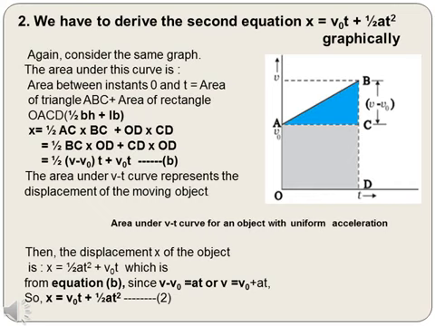Here we have put the value of v as v0 plus at in the previous expression. So it will take the form x is equal to v0t plus 1 by 2 at square, which is equation 2.